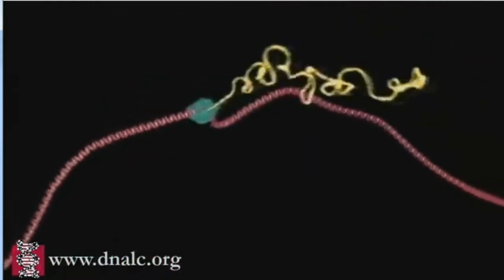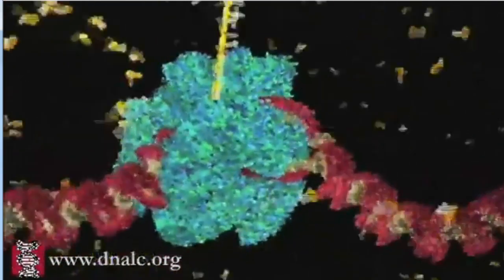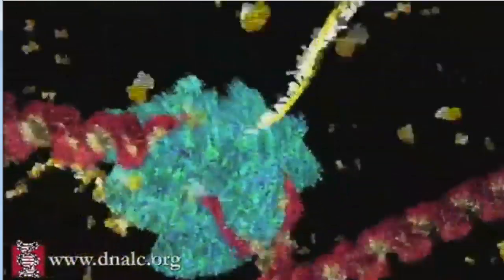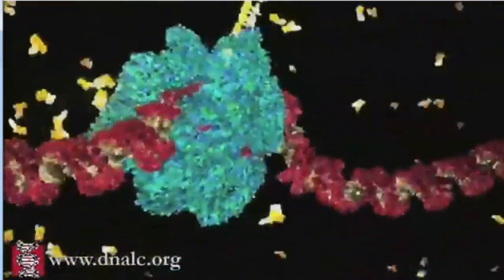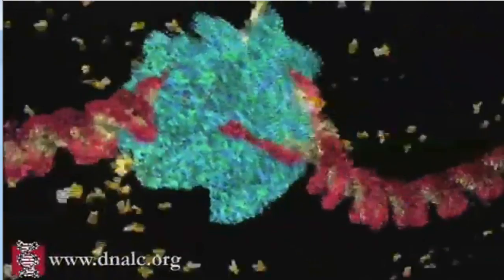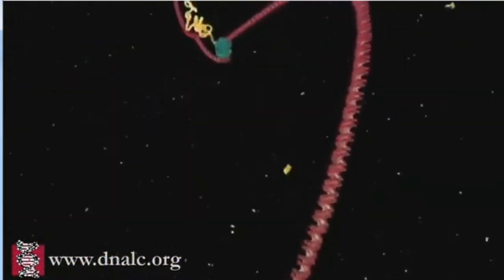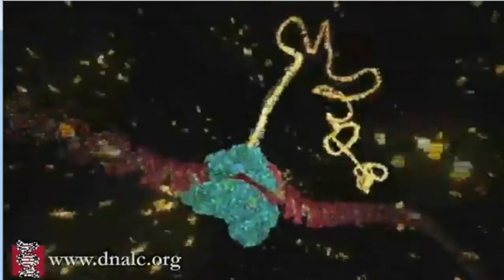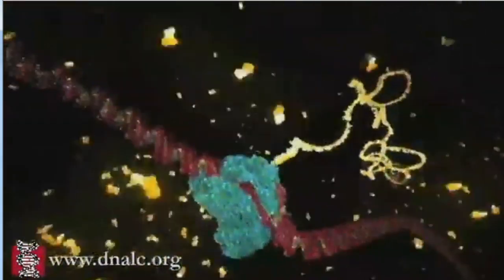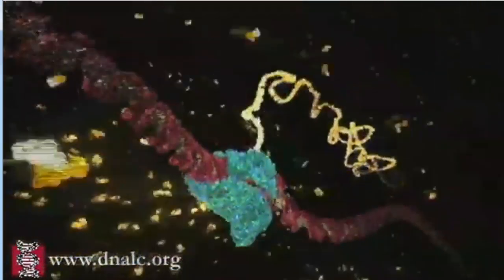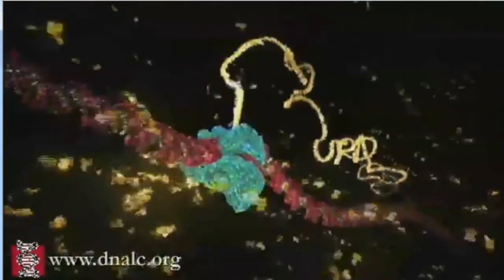Go. The blue molecule racing along the DNA is reading the gene. It's unzipping the double helix and copying one of the two strands. The yellow chain snaking out of the top is a copy of the genetic message, and it's made of a close chemical cousin of DNA called RNA.